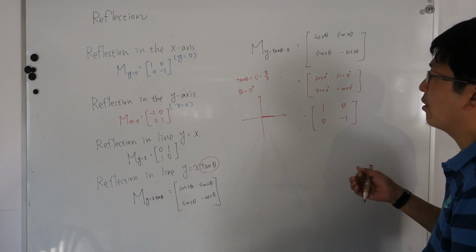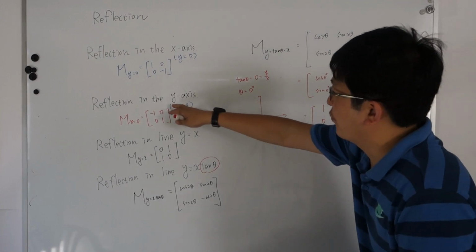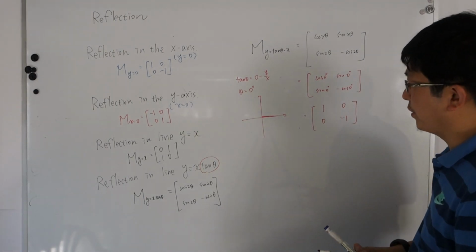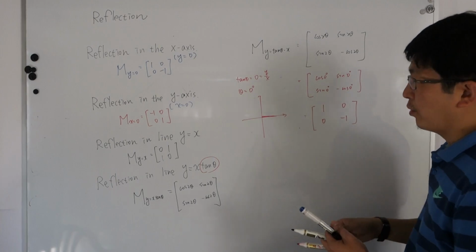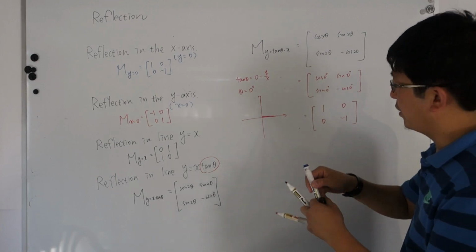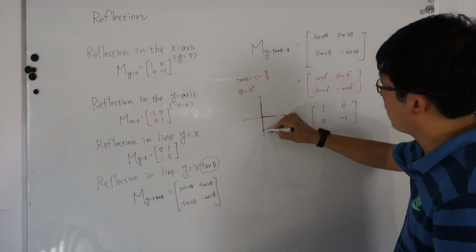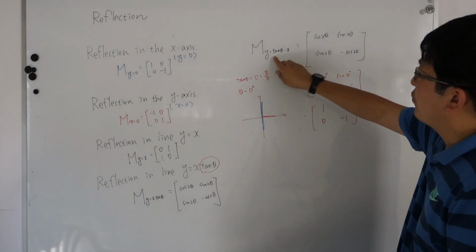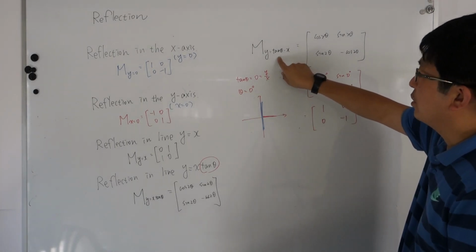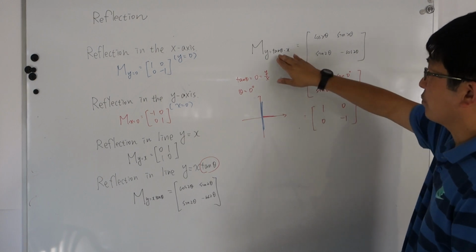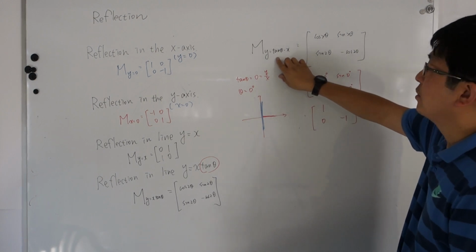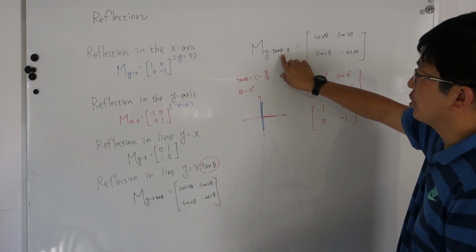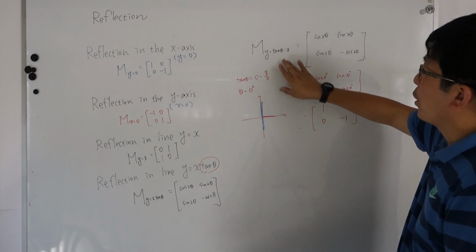Okay, now we talk about another one: reflection in the y-axis. Be careful, where is x equals 0? It means the y-axis.